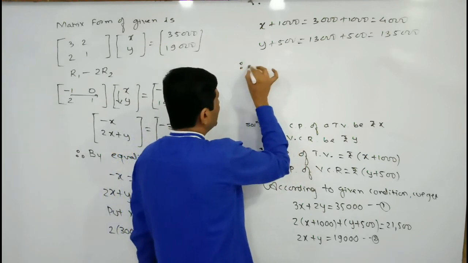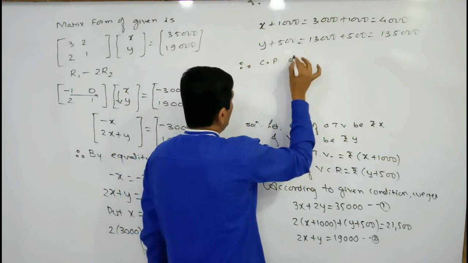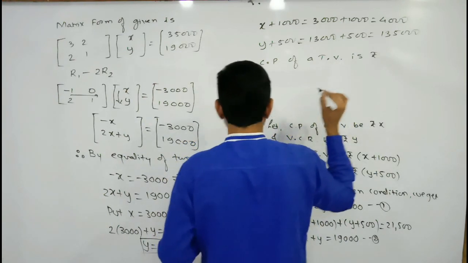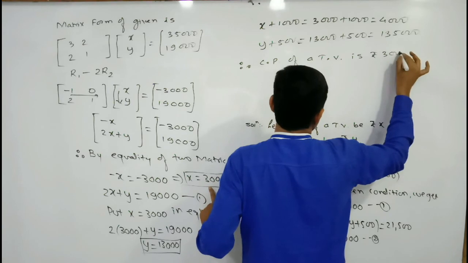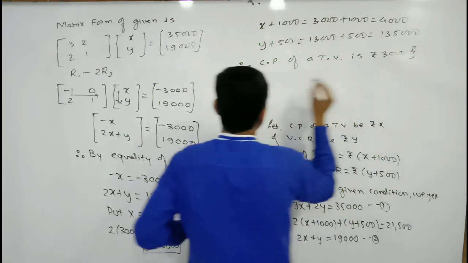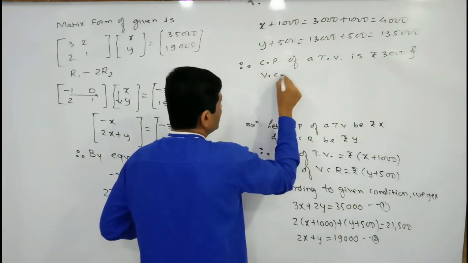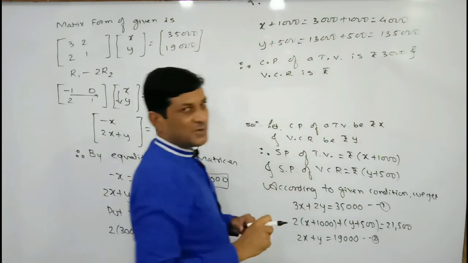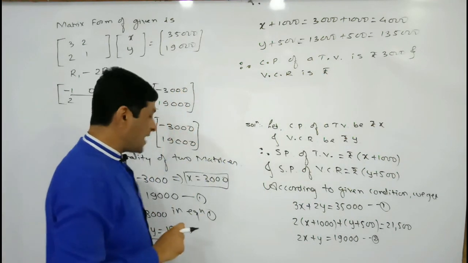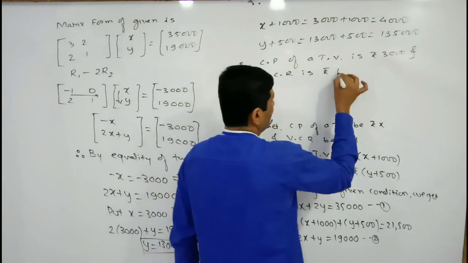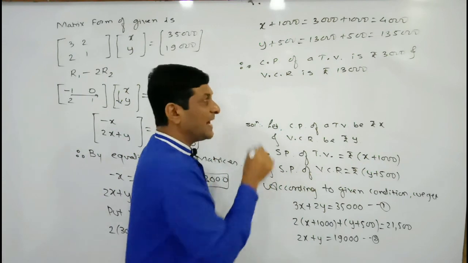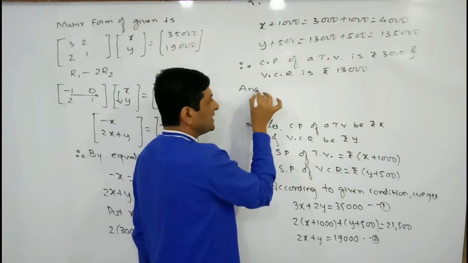So therefore, the cost price of a TV, denoted by x, is rupees 3000, and the cost price of the VCR, which we denoted by y, is rupees 13,000. In this way we have got the cost price of a TV and VCR. And we also have to find out the selling price.